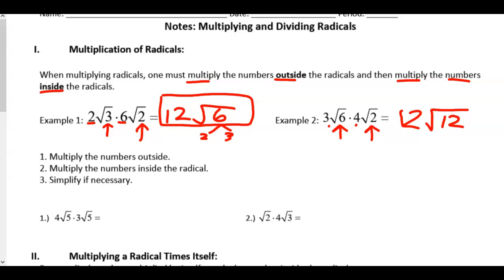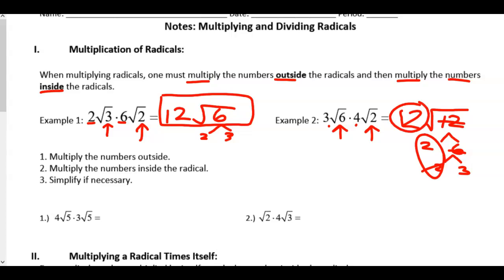12, right? Once again, see if I can break down the 12. 12 is what times what? 2 times 6. 6 is 2 times 3. And then 3 is prime, right? Now I do have a pair, right? Pair of 2. Since it's square root, I'm looking for a pair, right? And what's already outside here?